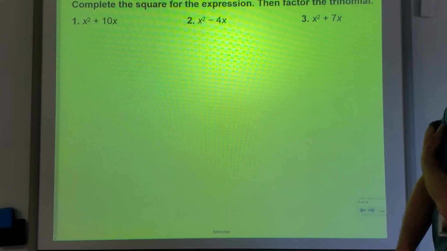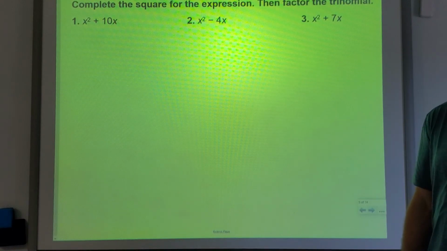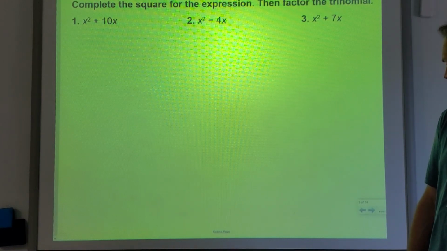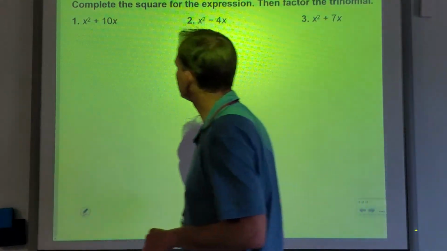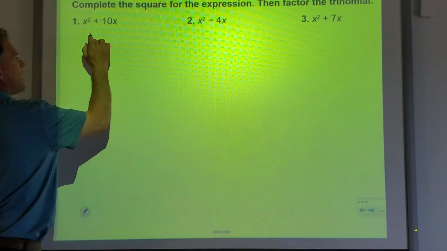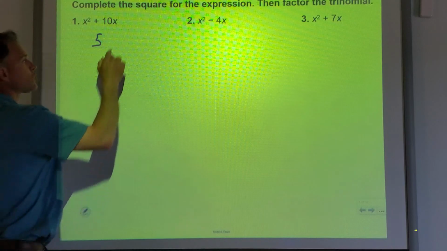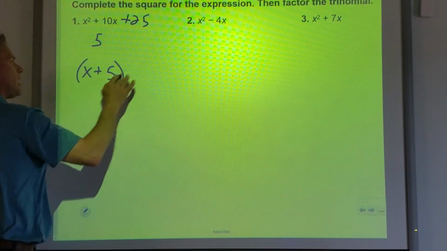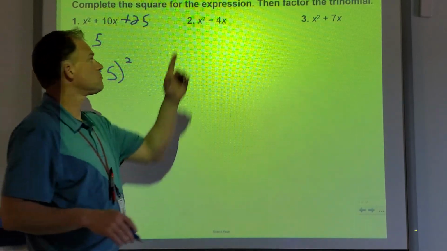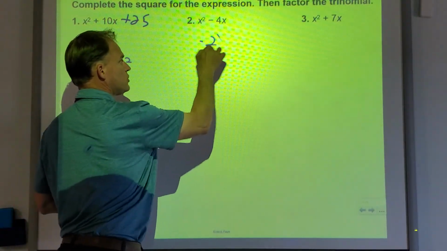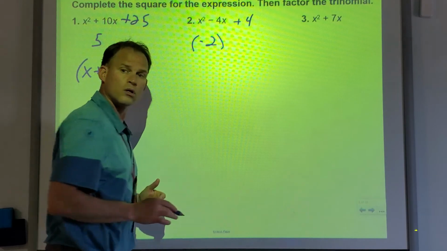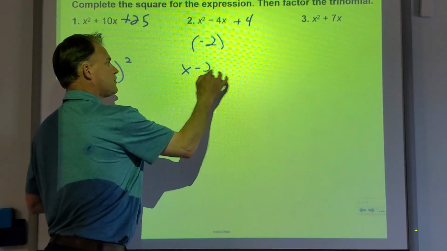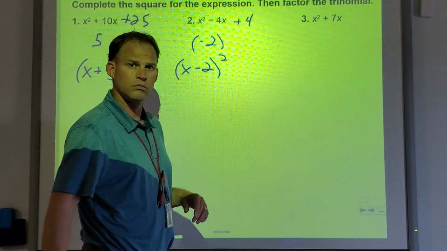So, do these 3. So half of this is 5, squared is 25, and it factors to x plus 5 squared. Half of this is minus 2, squared is 4, and it factors to x minus 2 squared.